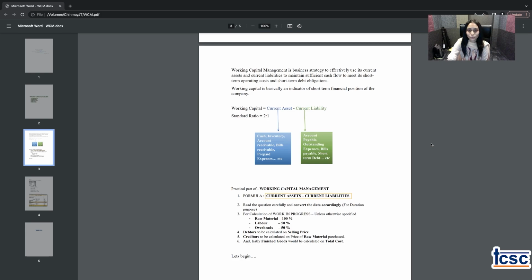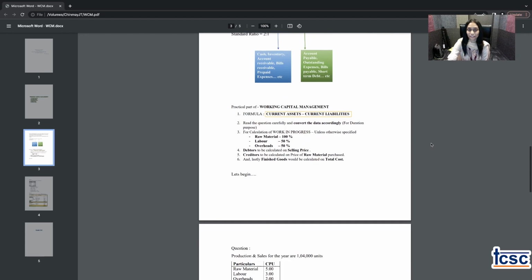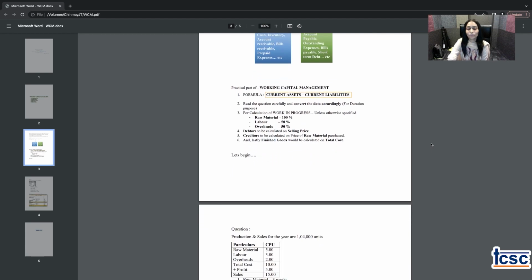Students, now let us move to the practical part of working capital management. When you get sums, it's very simple how you will analyze the question. The formula to calculate the working capital is current assets minus the current liabilities. Whenever you get questions, students, it's very important to read the data carefully.